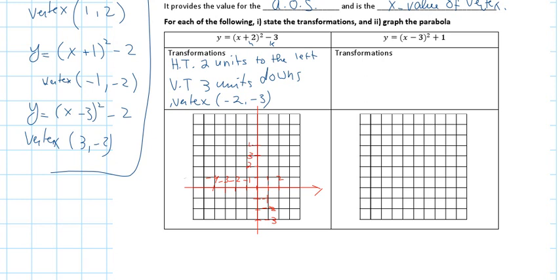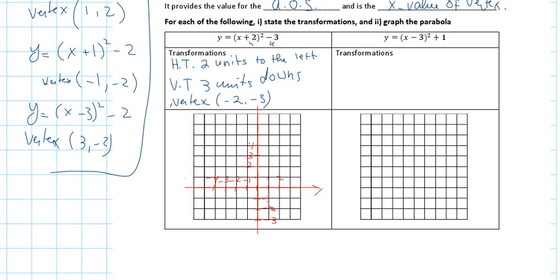To locate the vertex, you go to negative 2, which is right here, and then negative 3, so you go down 3. So your vertex starts right here. Do we all know how to locate the vertex point on the graph? So I have the vertex at negative 2 and negative 3.